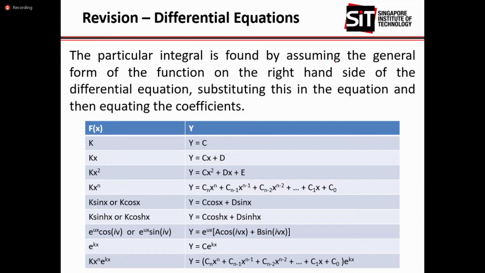The particular integral can be found by assuming the generic form of the function on the right-hand side, substituting it into the differential equation, and then solving for the coefficients.